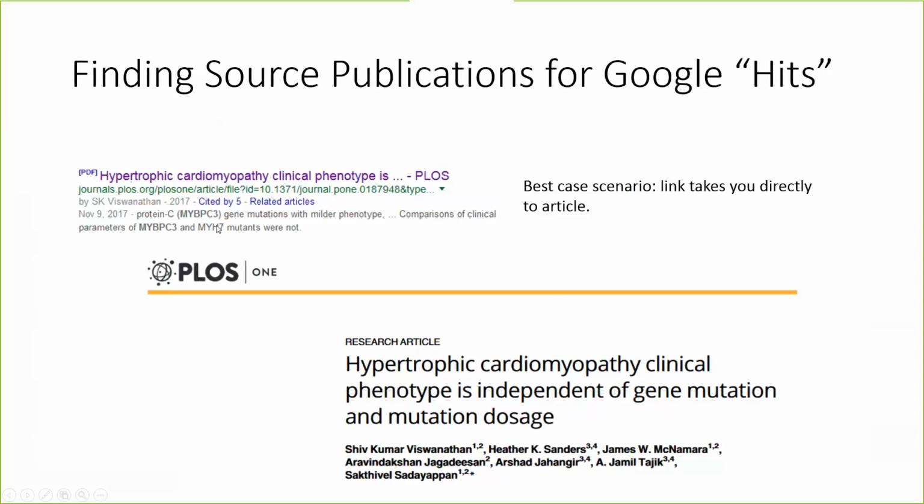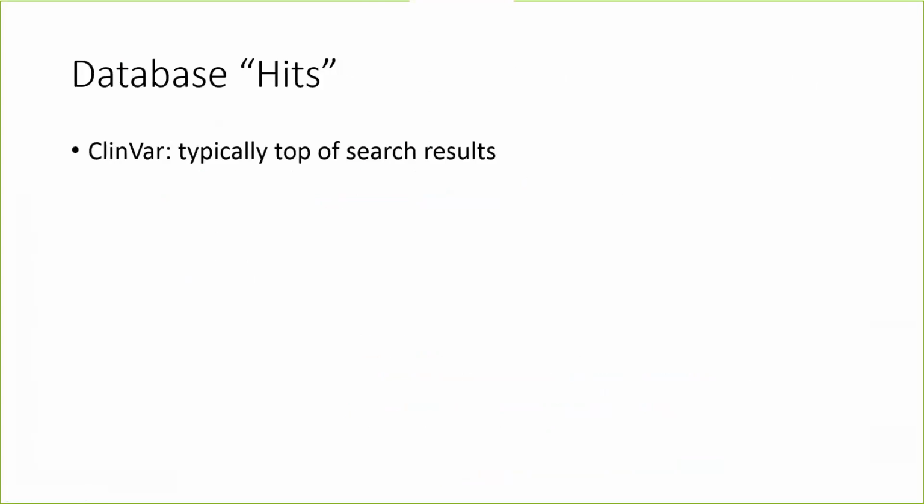We're seeing some terms pulled out here, and the rest of our search hit seems to talk about our gene of interest, so this looks very promising. When we click on our PDF link, boom, it opens the article right up. We are able to look at it and say, oh yes, this article contains our variant of interest. It is helpful. Wonderful. This is very much our best case scenario, which unfortunately is not the only case scenario.